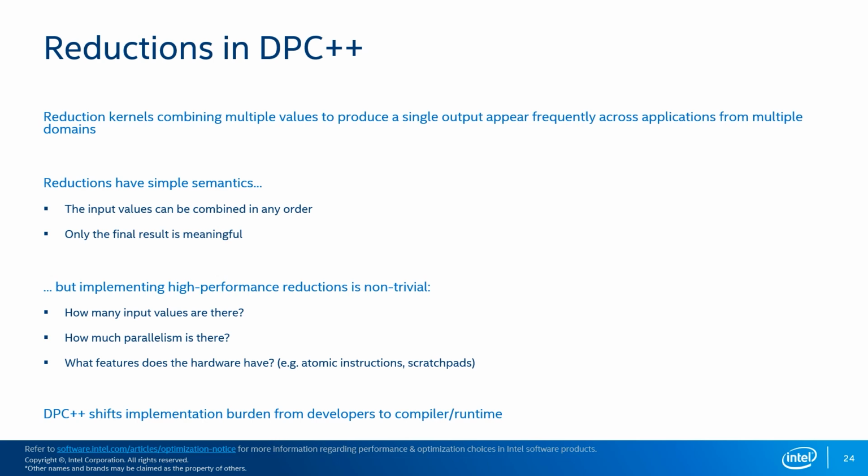First, the input values can be combined in any order. Next, only the final result is meaningful. It could be a sum, maximum, or some other operation. Implementing efficient reductions is very challenging. DPC++ shifts the burden from the programmer to the compiler and runtime.